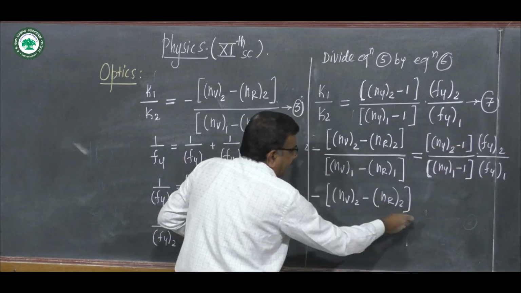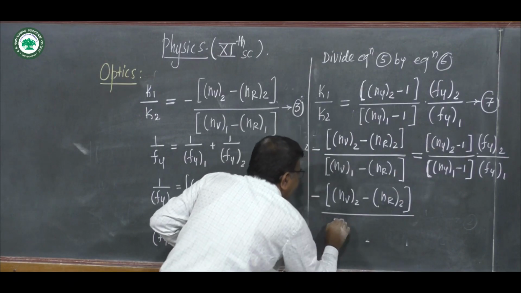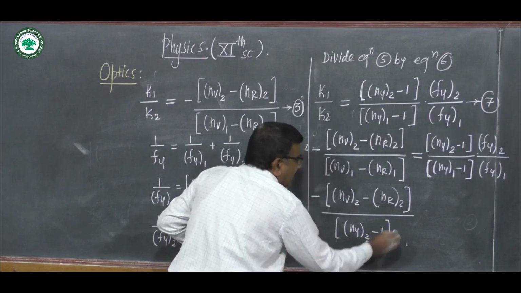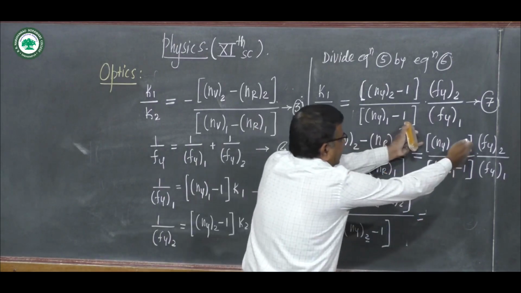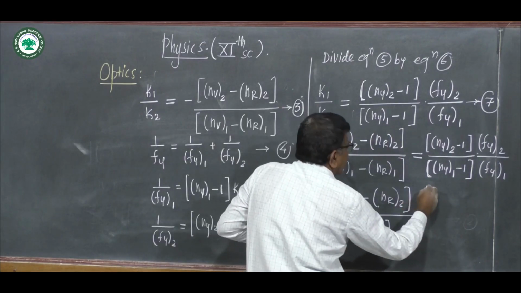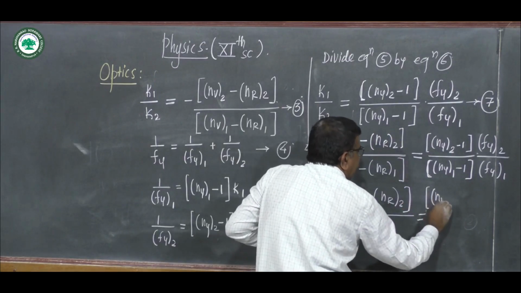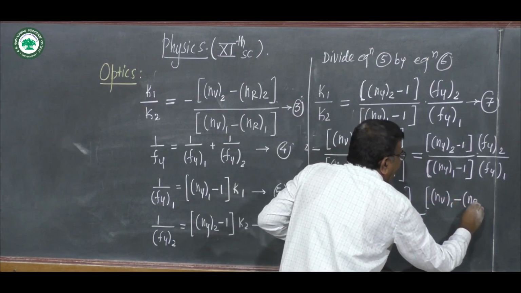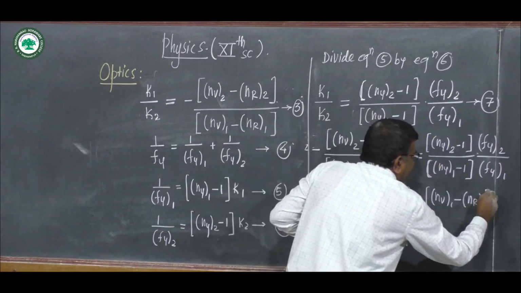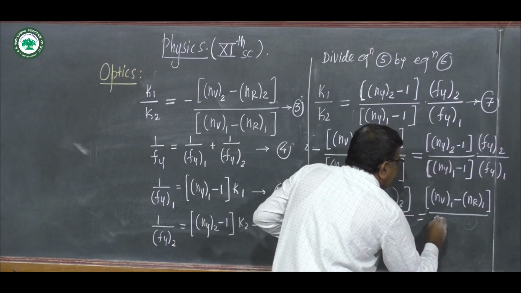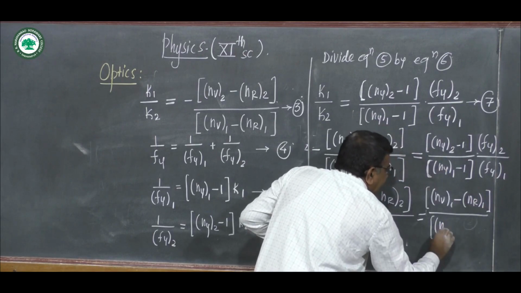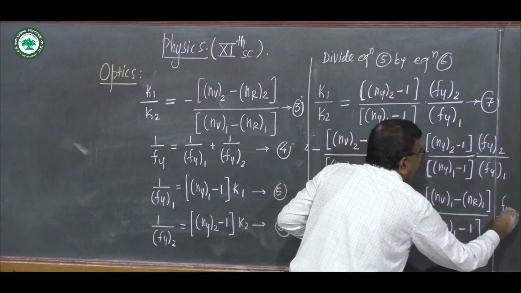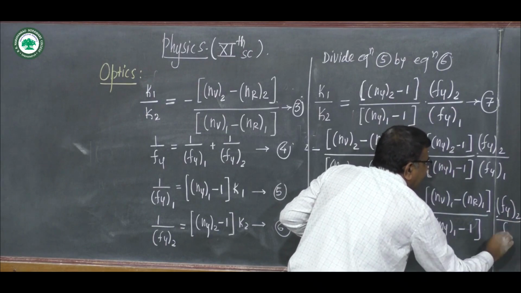Simply shift this here, (ny2 minus 1), is equal to, and take this much part here, that is (nv1 minus nr1) divided by this as it is, (ny1 minus 1) into Fy2 upon Fy1.